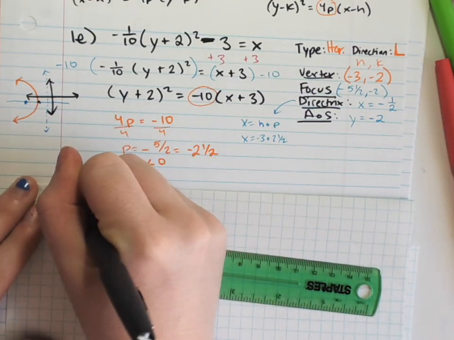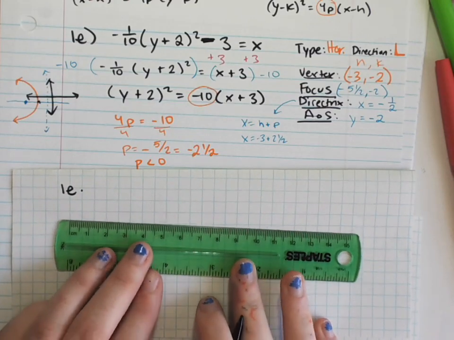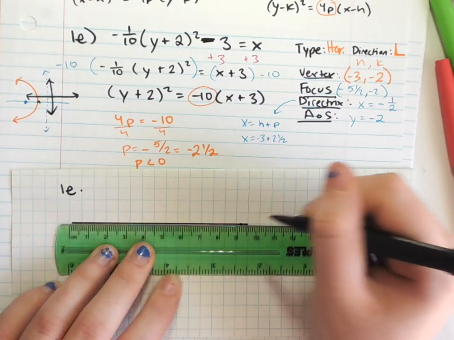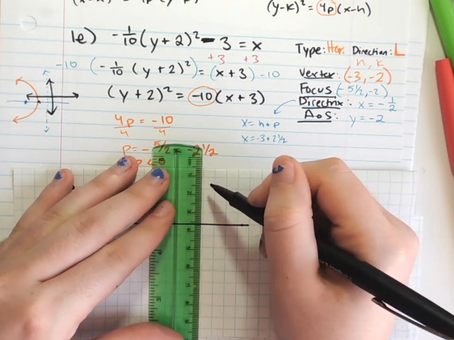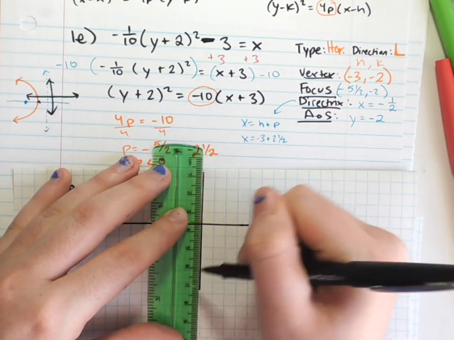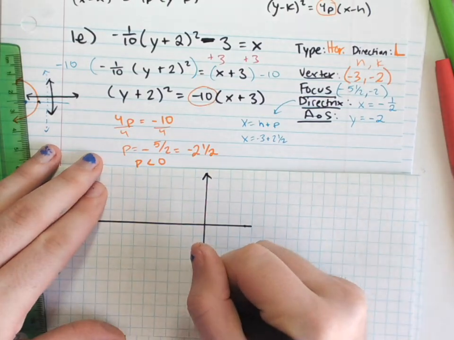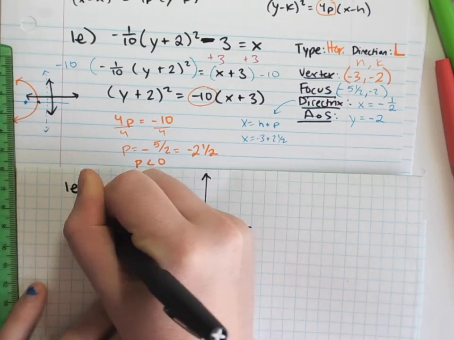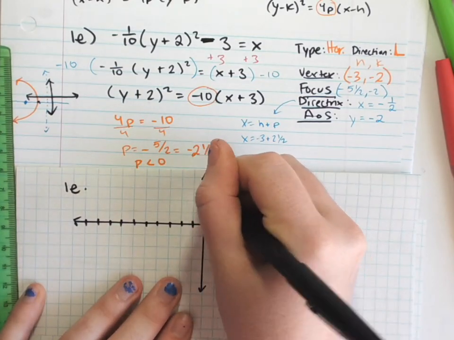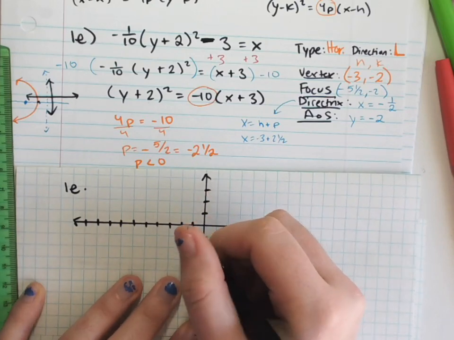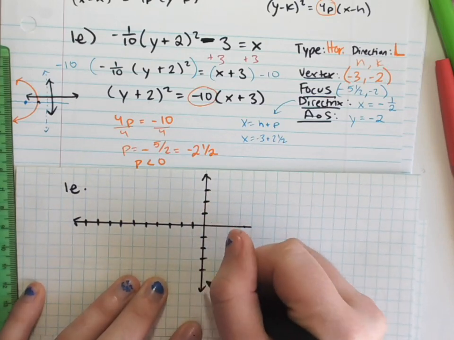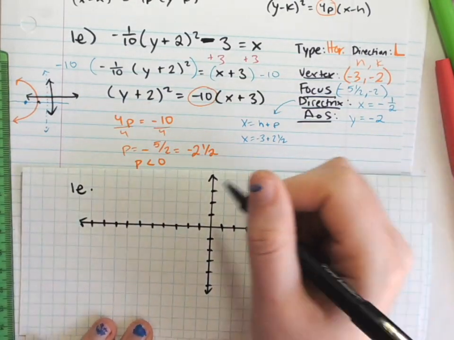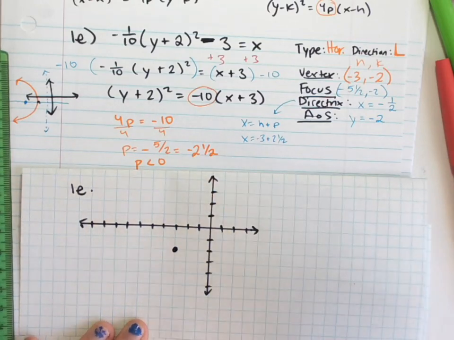This is 1e. I'm going to plot my vertex, which is at negative 3, negative 2, right there.